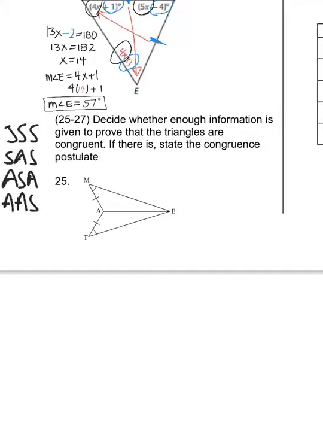And the congruence postulates also include hypotenuse leg. The ones that we do not allow are angle, angle, angle, and side, side, angle. These are not allowed.